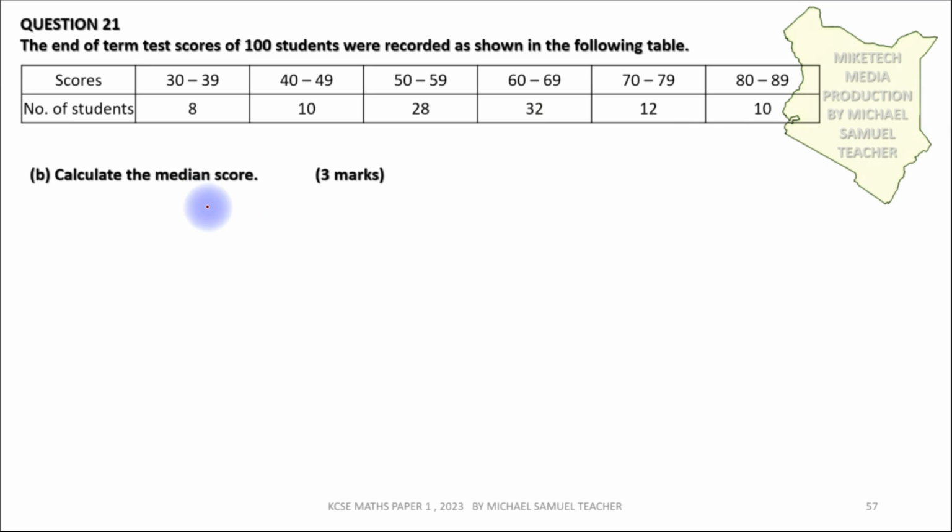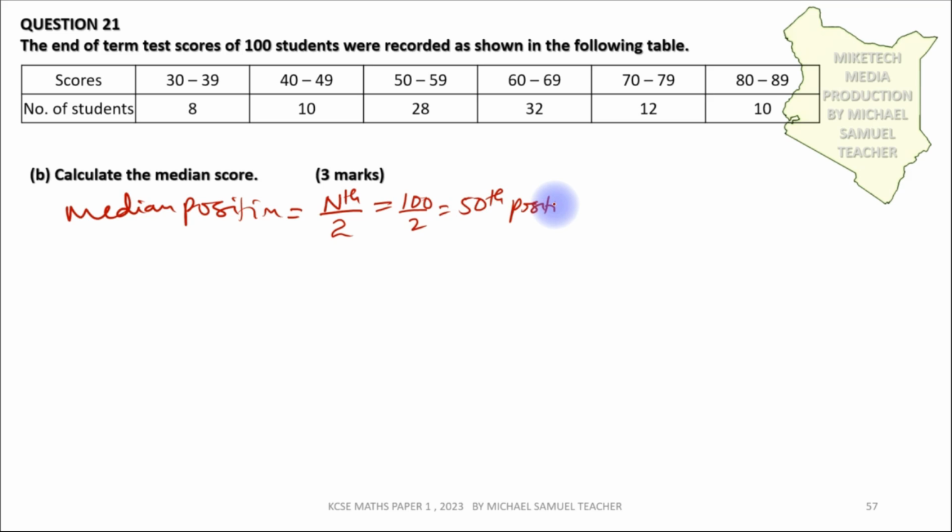Part B, we calculate the median score. For us to be able to calculate the median score, we need to get the median position, which is normally half of n, or n over 2. There are actually 100 students, so that will be 100 over 2, which is the 50th position.